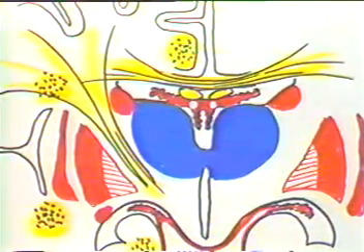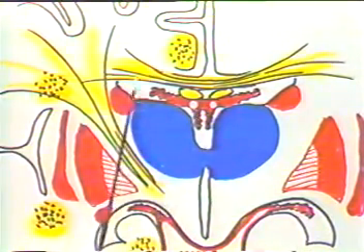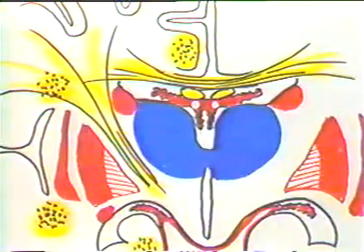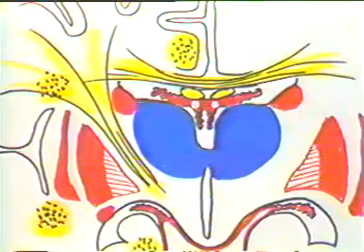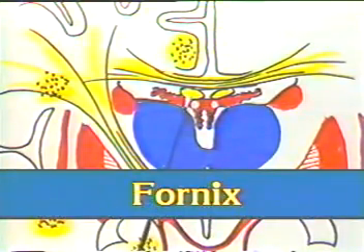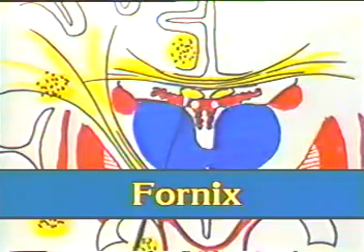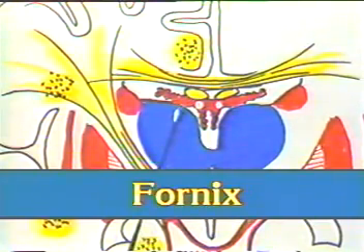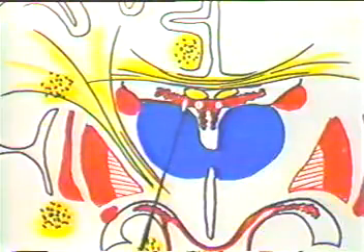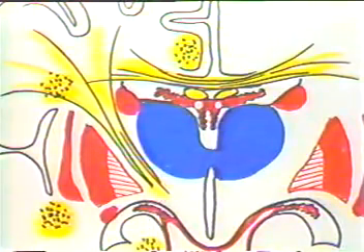I have exaggerated the drawing in this region in order to be able to explain the anatomical relations. When we dissect the brain, you will realize that the fornix, colored yellow here, is in reality lying rather tight on the dorsal surface of the thalamus, with only a thin layer of connective tissue in between.